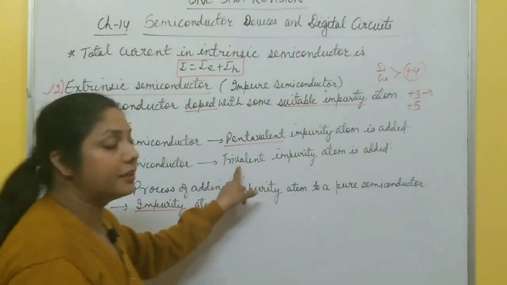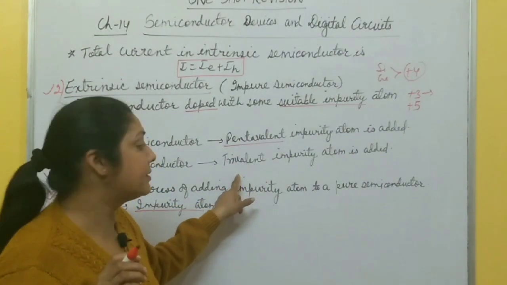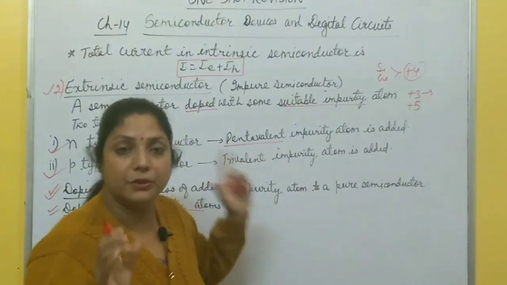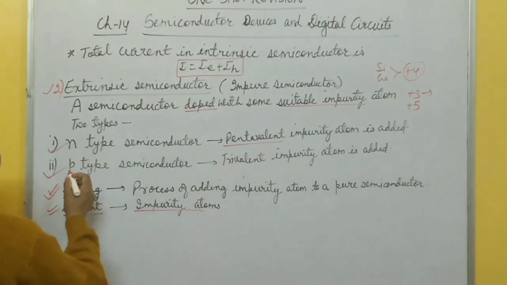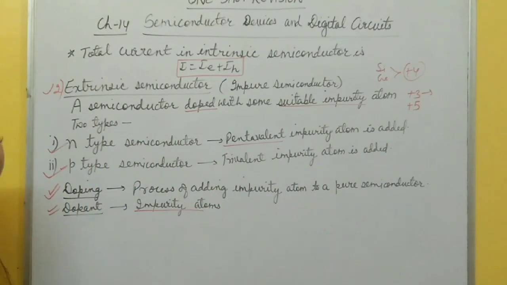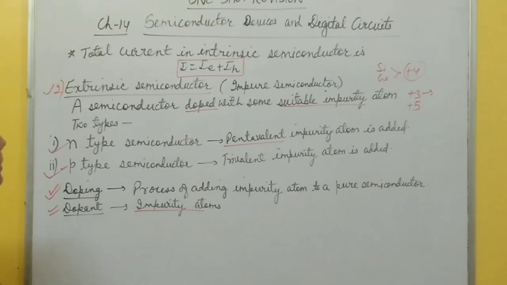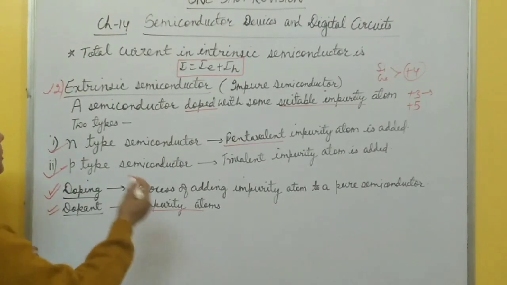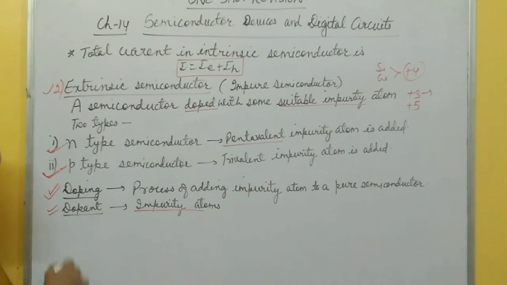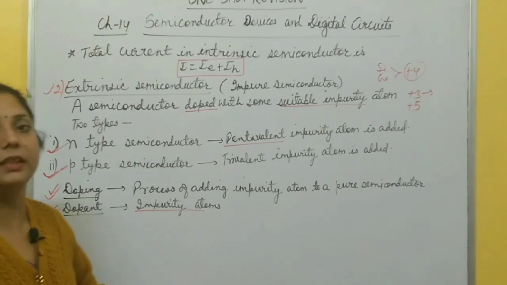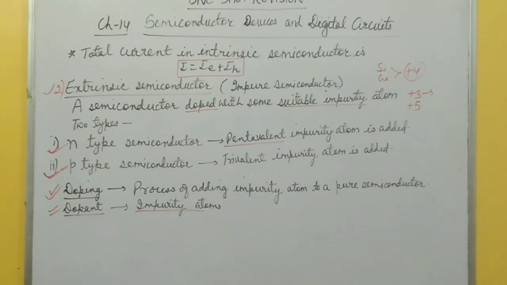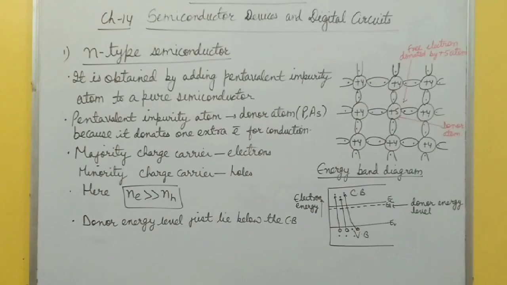And if trivalent, meaning plus 3 valence electron atoms, are added to a pure semiconductor, then the extrinsic semiconductor formed is called P-type. We will discuss both types one by one in detail with the energy band diagram also. Please take a screenshot of this first.